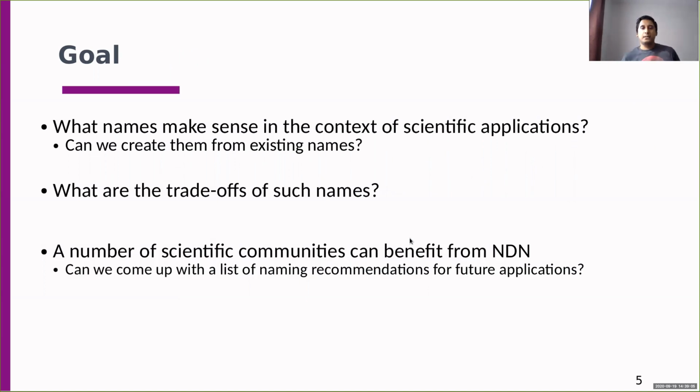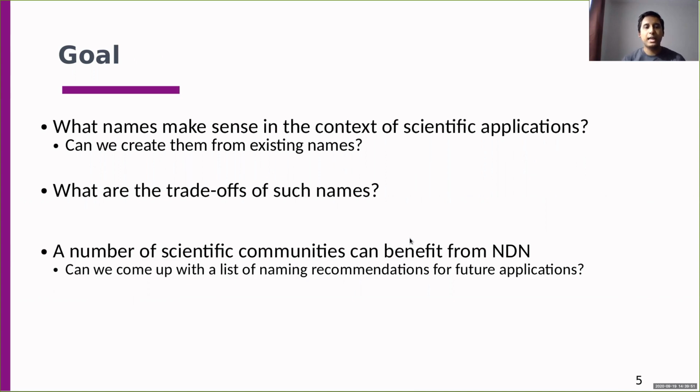So why pick scientific applications specifically? First, we have been collaborating with different scientific domains, climate, high energy physics, genomics for a long time. So we have seen how they name their data, and how we can convert those names into NDN names.